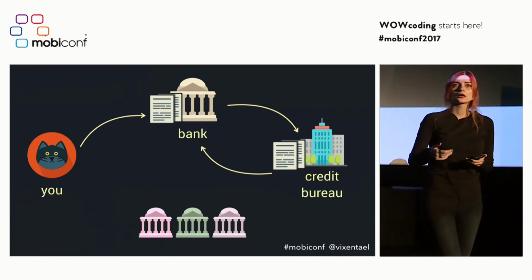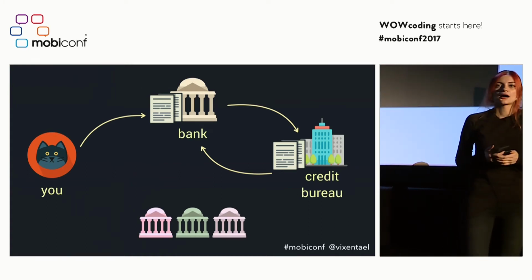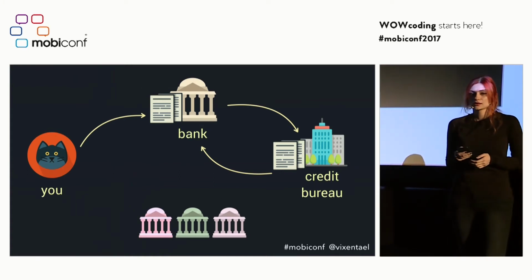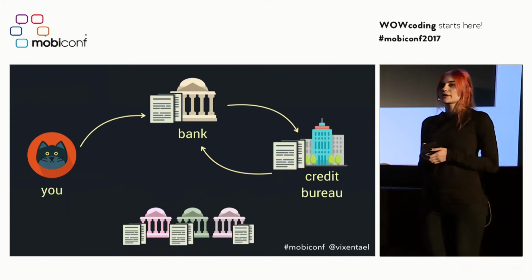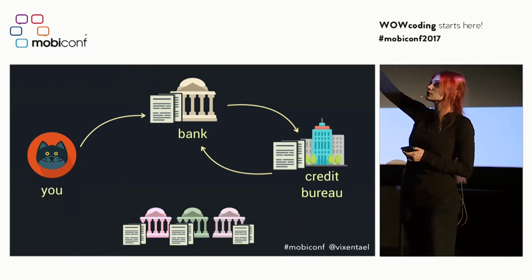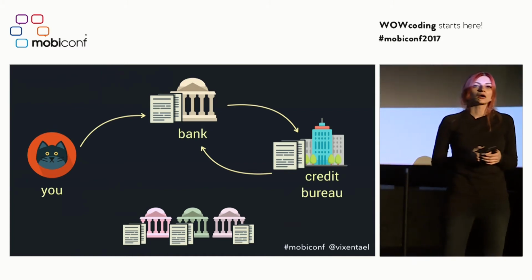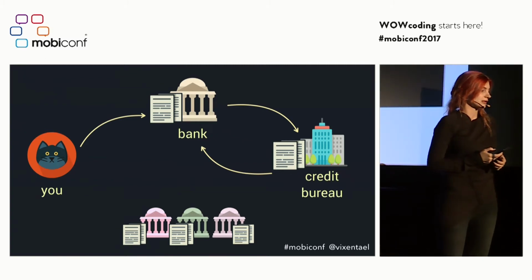He had a long life, so he dealt with different kinds of banks. And imagine that all these banks eventually sent requests to the credit bureau, and now all of them have a copy of the personal data and credit history of Mr. Cat.